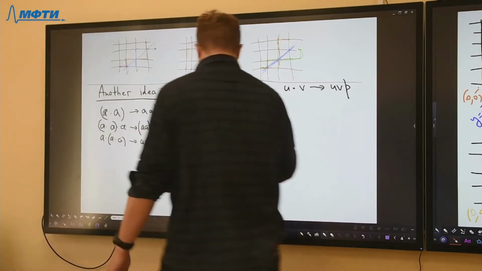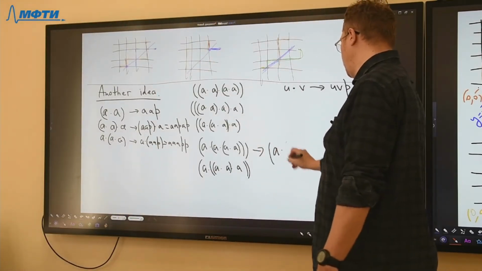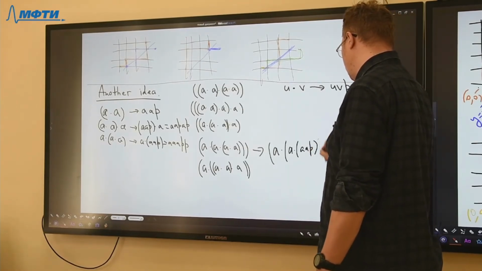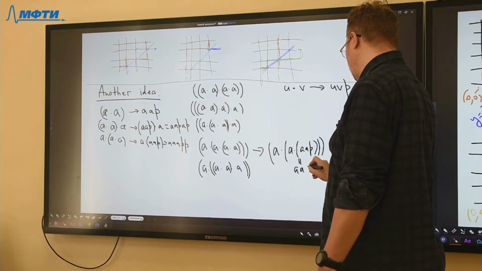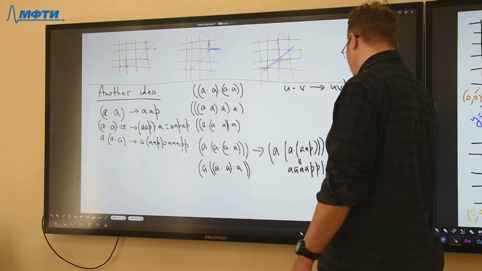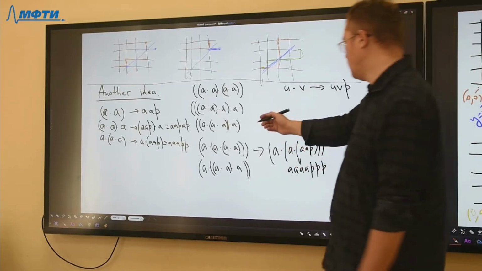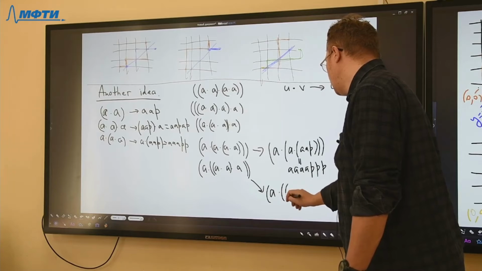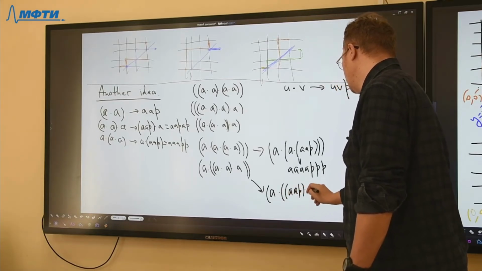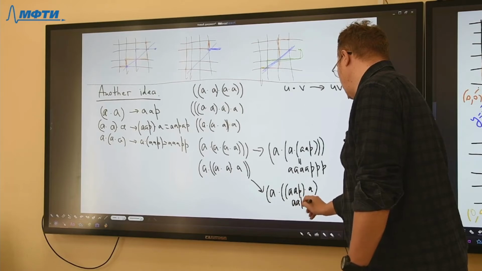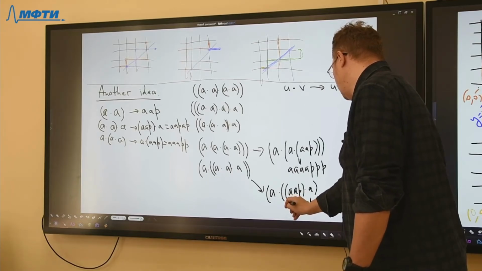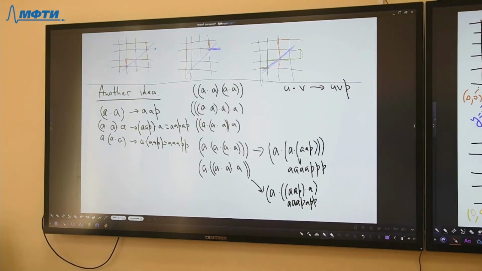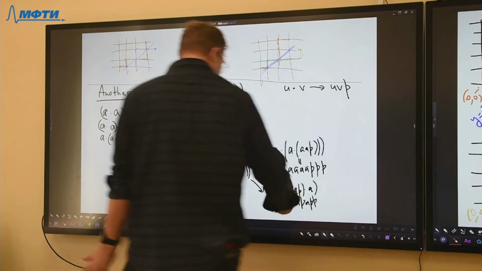For this one, this will be A times AAP, and for this one, I should write A times AAP times AAP, and so on. So I will be getting different codings with A's and P's.